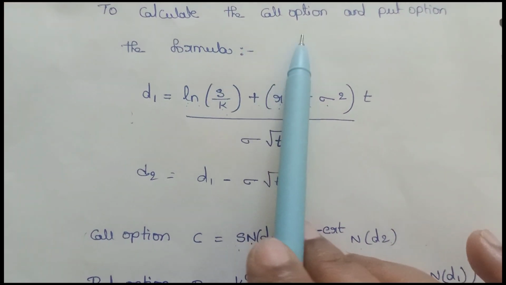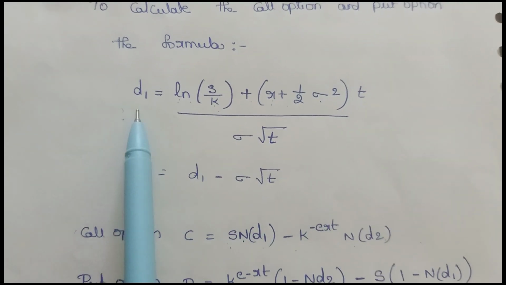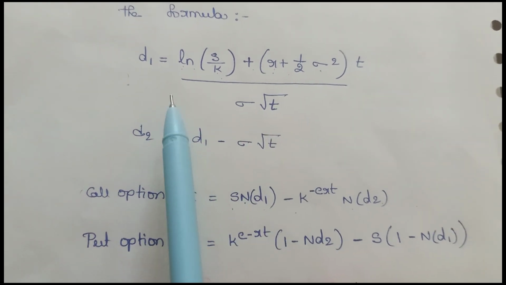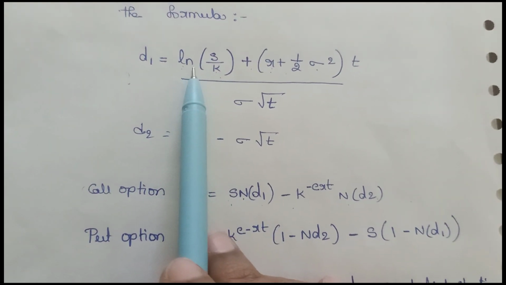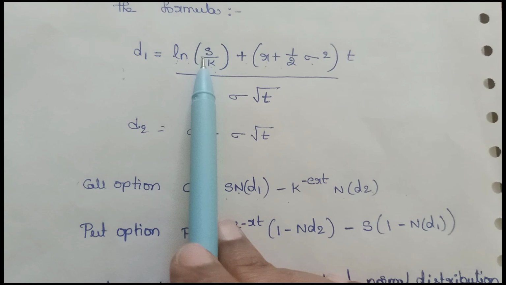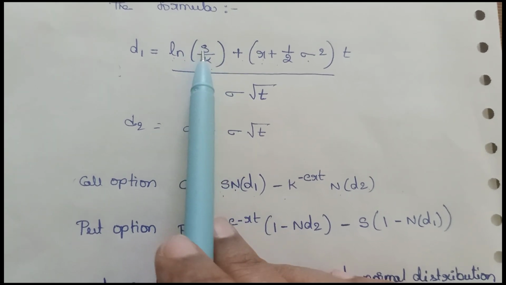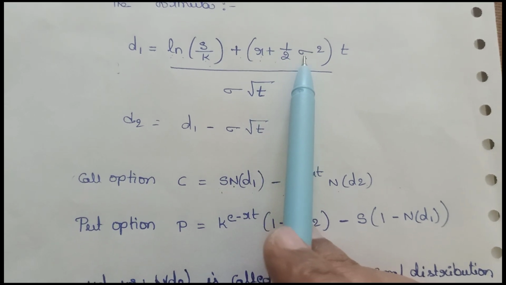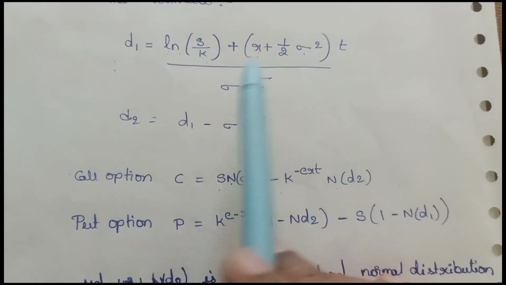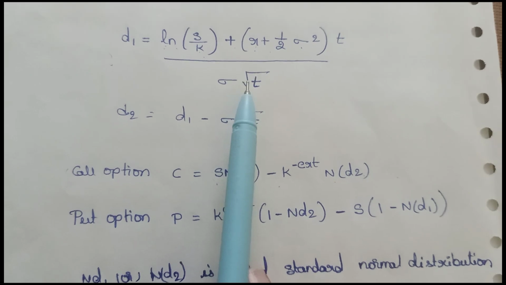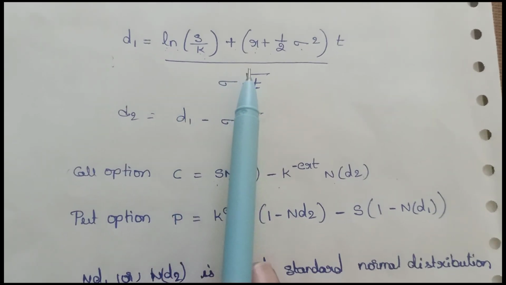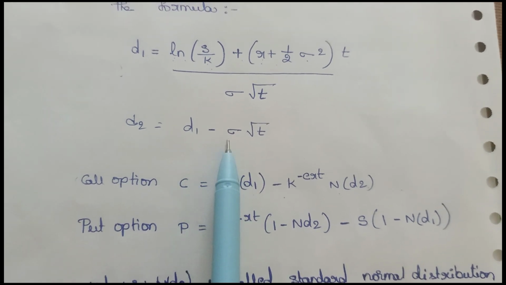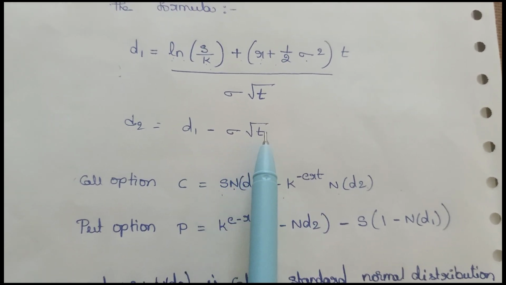To calculate the call option, the formula for d1, the normal distribution, uses the natural log: d1 equals ln of S by K, where S by K is stock by exercise price, plus r plus 1 by 2 into standard deviation squared into time, divided by standard deviation into square root of time. Coming to d2, the formula is very simple: d1 minus standard deviation times square root of T.